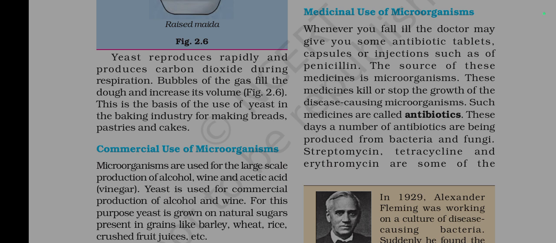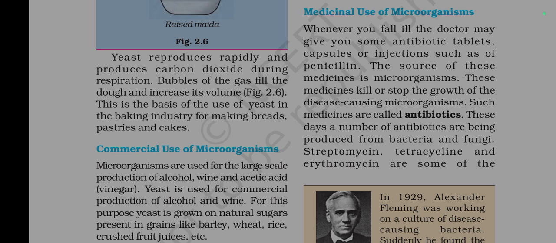Whichever microorganism is causing disease inside your body, the antibiotic is used to kill it.